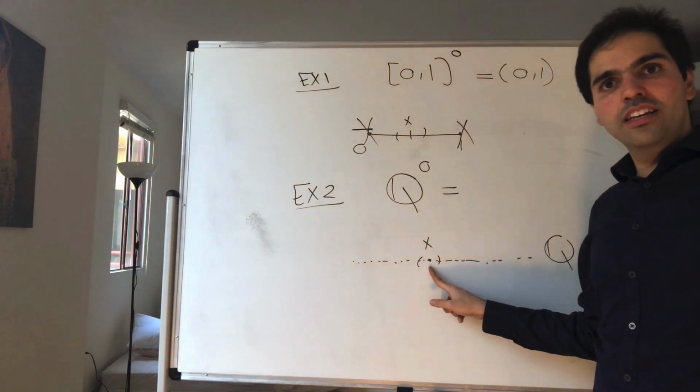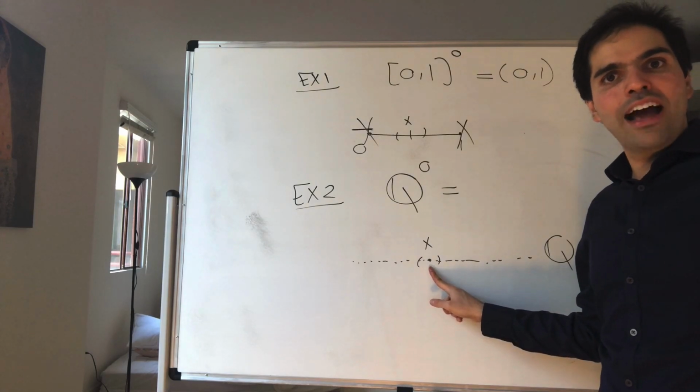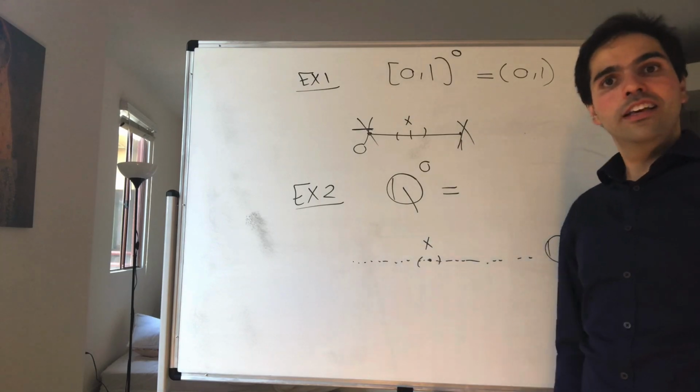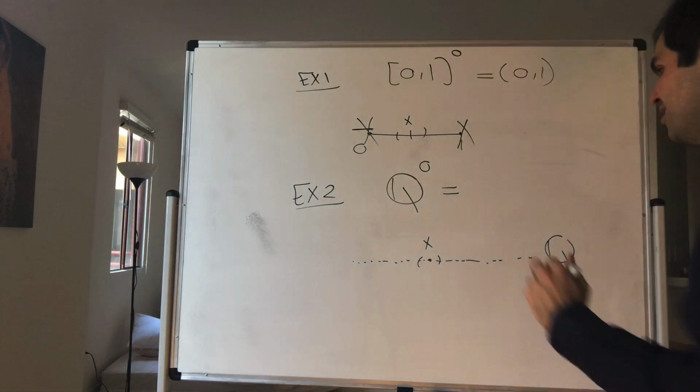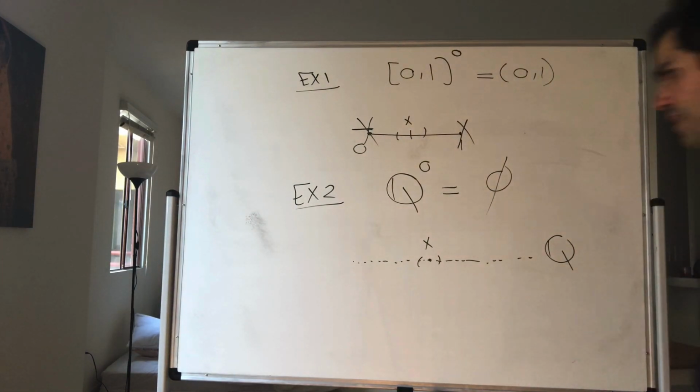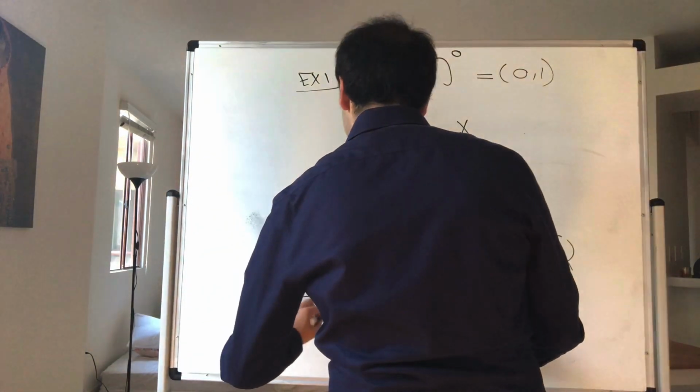So the question is, what are the interior points of the rational numbers? There are none. For no point can you fit a ball inside your set. So in fact here, the interior is the empty set.